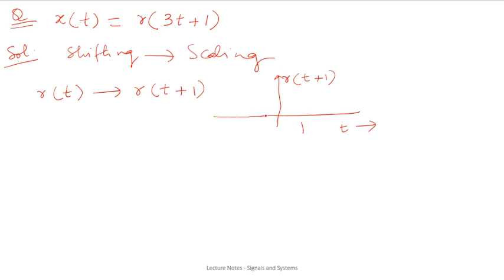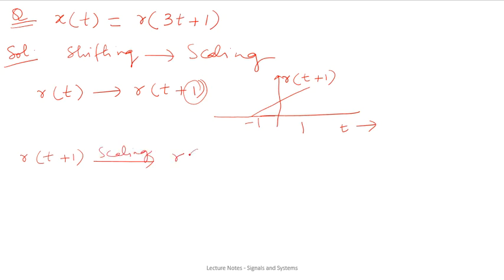The shifting will be somewhat like this. Okay, because the shifting factor is this 1, that is why r(t + 1) will be plotted like this.